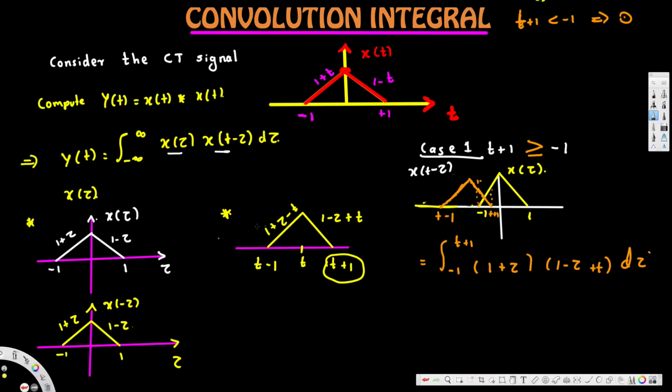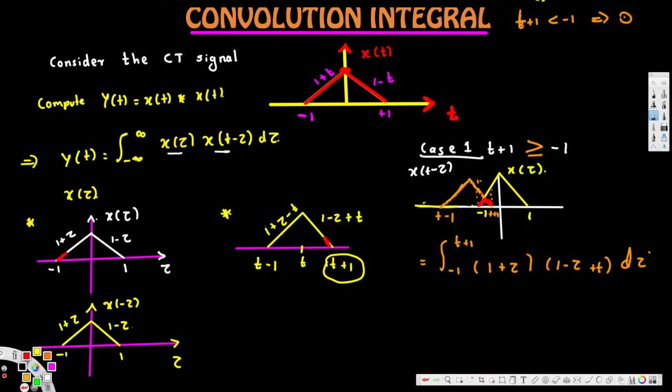We are looking at this one. In the x of tau, you can see this region is 1 plus tau, and this one is 1 minus tau plus t. So that's why we have plugged that one right here.